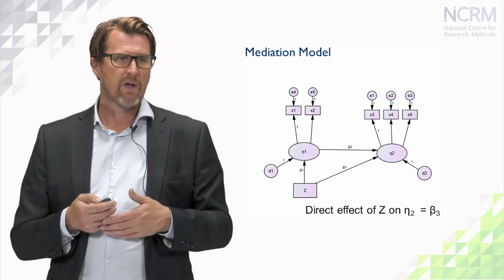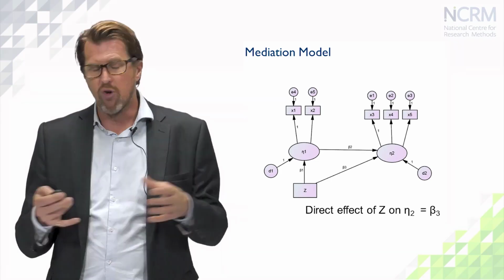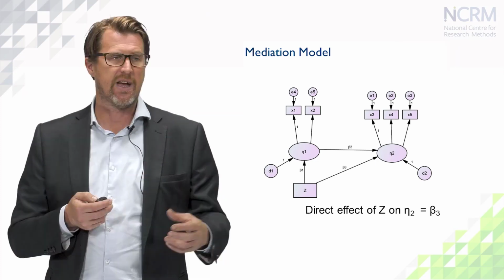First of all, the direct effect of z on eta 2 is the beta weight beta 3 here, the direct path. So that's what we would normally be focusing on in a regression equation, that direct effect.